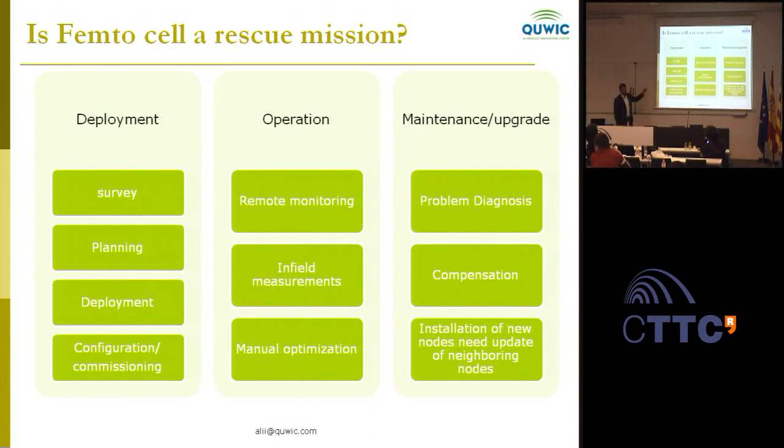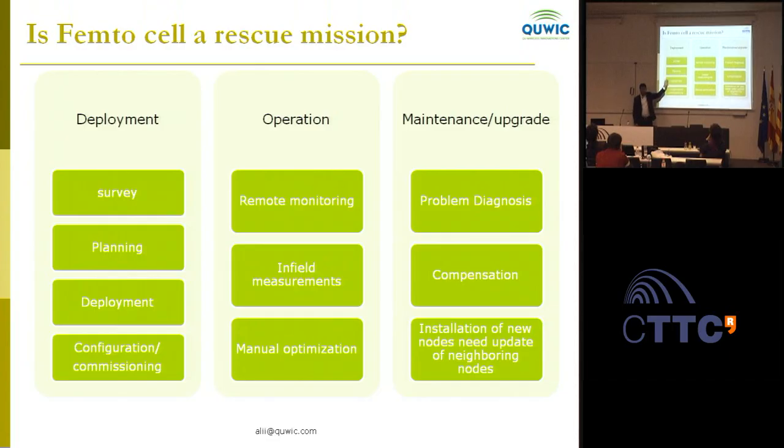These are the hard steps which a typical operator has to go through to provide you mobile phone service. It starts with the survey, expensive and labor intensive. Planning: you have to buy expensive and sophisticated planning tools. You input your service data into planning tools, and this planning tool tells you a deployment plan.